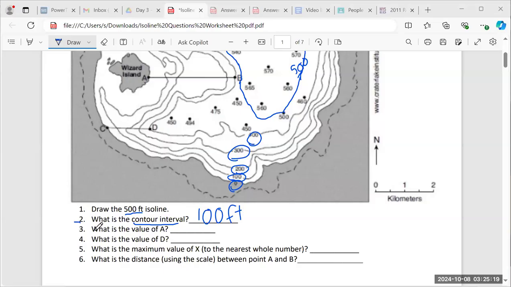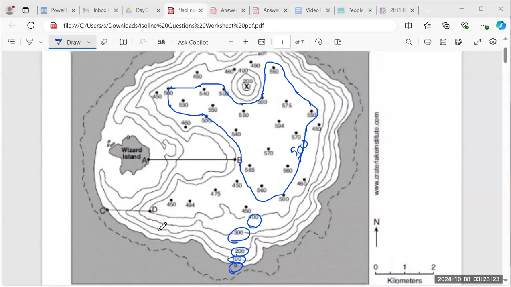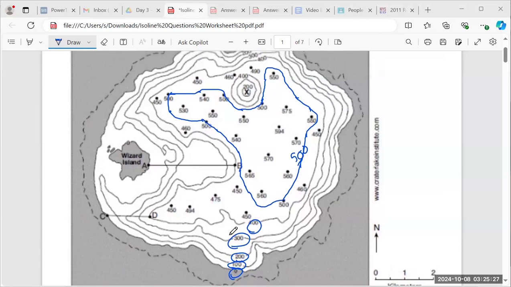All right, number 3, what is the value of A, right? So when I'm looking right here, if I follow along, let me just erase so I can see, right? I see 400 follows this entire line, right? Where D is and where B is.